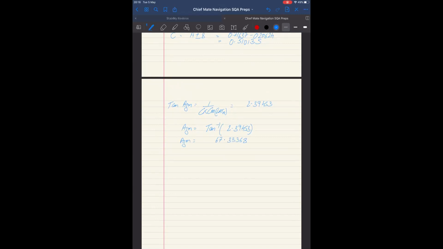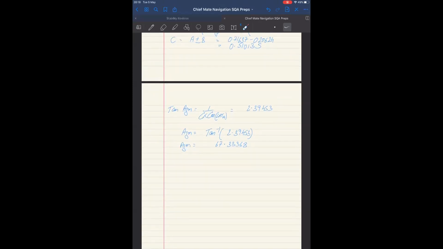You will get an azimuth of 67.33368, right? And now you need to do the naming for the azimuth, which is north or south over here and east and west over here. So this name is same as C. So our C was south.